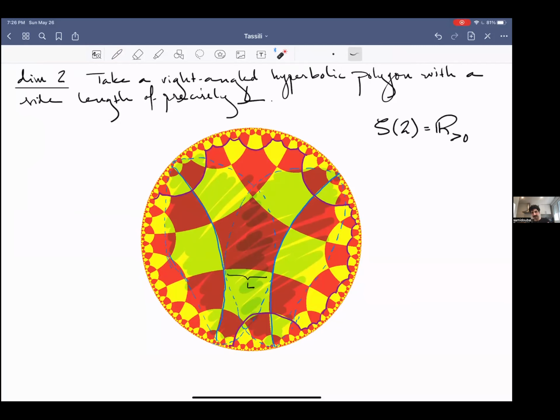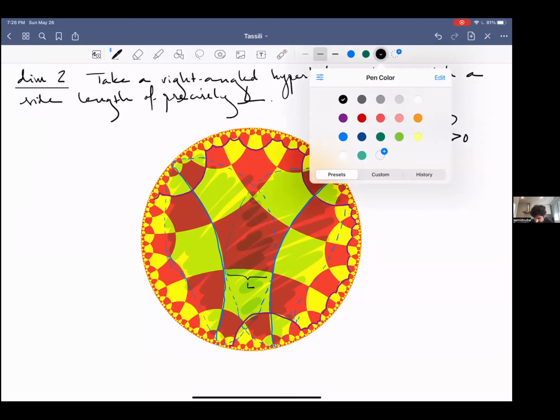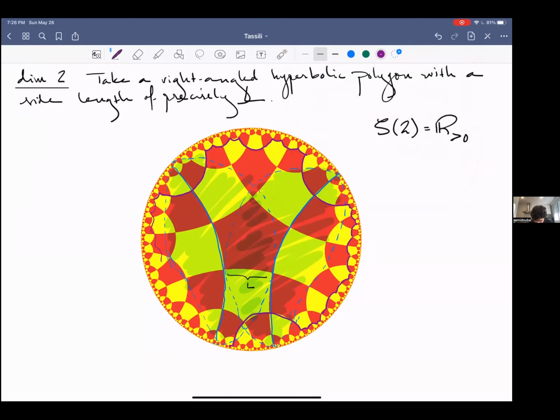And so I can indeed say that, if I had finished drawing this picture, I would get a compact polygon, so a compact fundamental domain, and so I get a finite index subgroup, which gives me a closed manifold in the end.